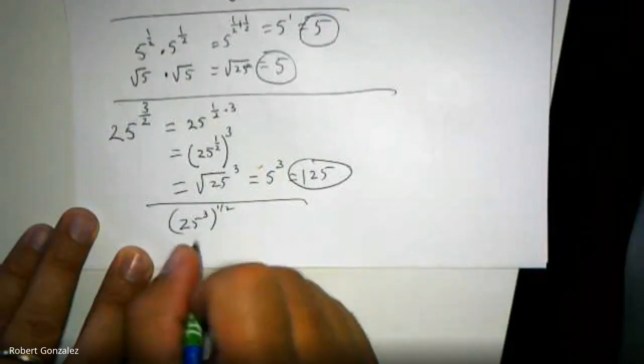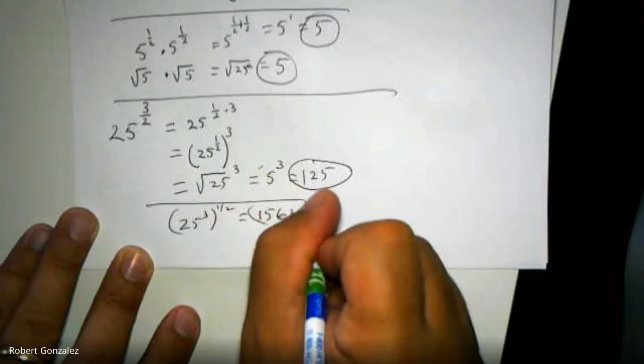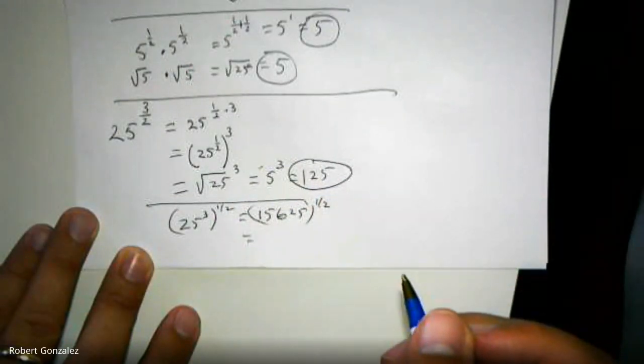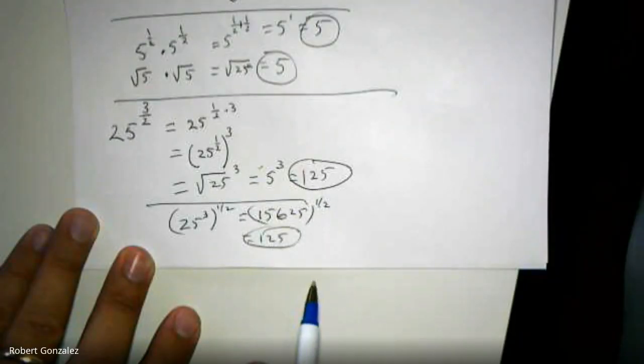Yes. It's 15,625. And now if you hit the square root, what do you get? 125. There we go. So you see we got the same answer both ways.